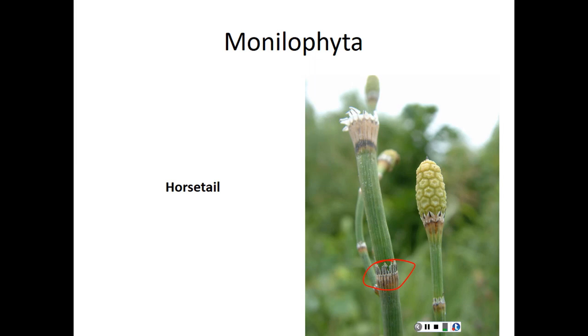Not seen here, but many horsetails also have whorled branches coming out at the nodes. In the horsetails, instead of having the sporangia spread out on a big flat leaf, the horsetails obviously don't have a big flat leaf. Their sporangia are clustered at the top in a structure called a strobilus.